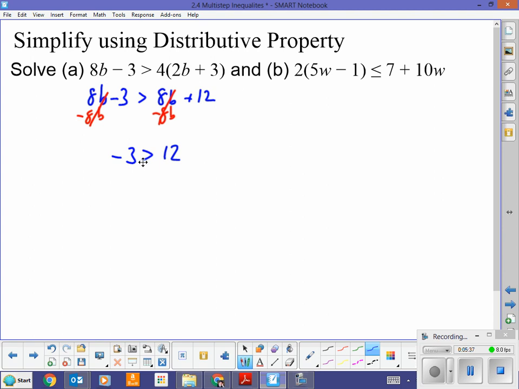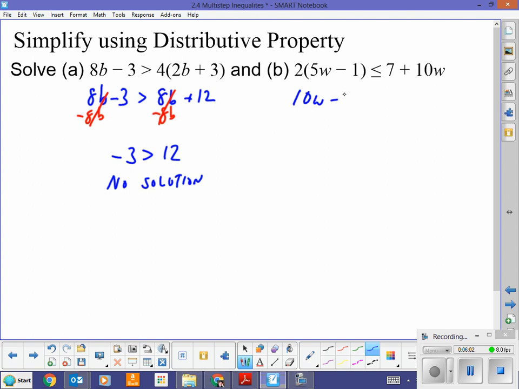And this is a false statement. So this one is going to be a no solution, because negative 3 is never greater than 12. And then for B, let's distribute over the left side. 2 times 5w is 10w.